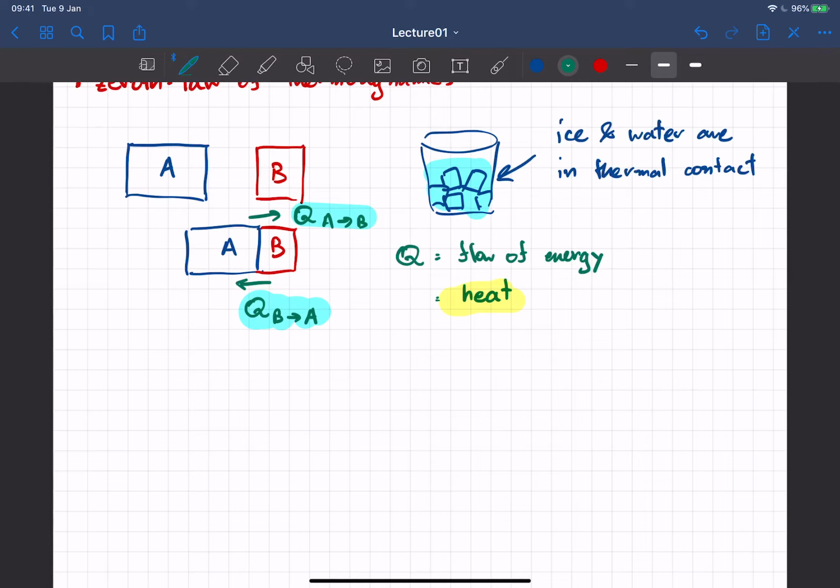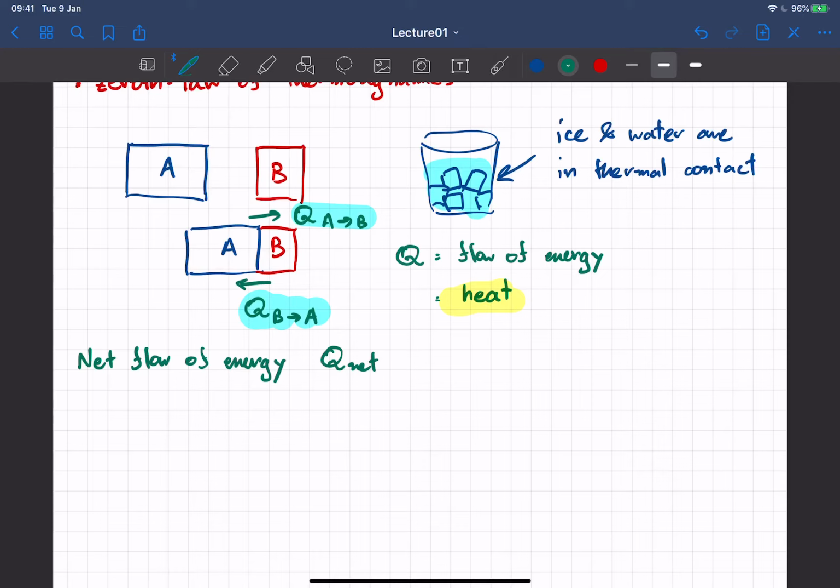Okay, so going back to this situation, most of the time Q from B to A and Q from A to B will happen at the same time. Okay, so we need to write down the net flow of energy. So we can write Q net. Okay, so if you want to write Q net, then you need to decide what point of view you are talking about.